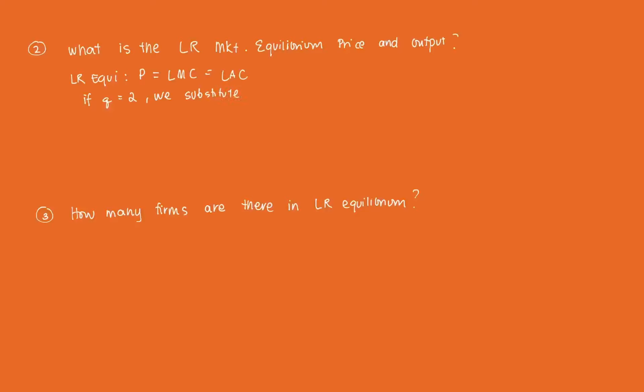Substitute, say, to LAC, but technically you can do it for LMC too, since they're just equal. We find that LAC is equal to 2 squared minus 4 times 2 plus 8. That's equal to 4. Therefore, P is equal to 4.